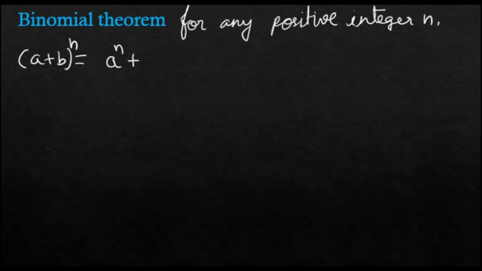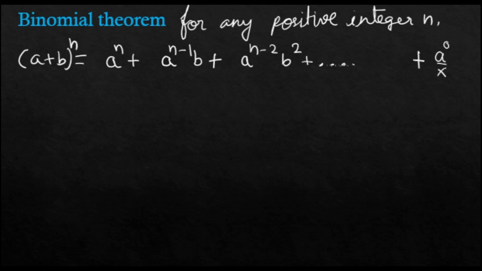Then the power of a decreases as it goes on, n minus 1, and b starts to appear, and the power of b increases as it goes on. Again a n minus 2 b square. This will go on up to the last term, where the power of a is 0, that means a does not appear at all.